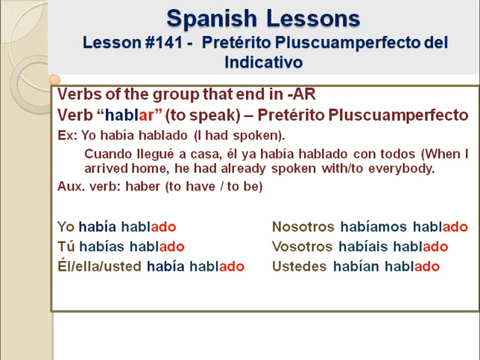You can see here, yo había hablado, tú habías hablado, él había hablado, nosotros habíamos hablado, vosotros habíais hablado, ustedes habían hablado, ellos habían hablado.